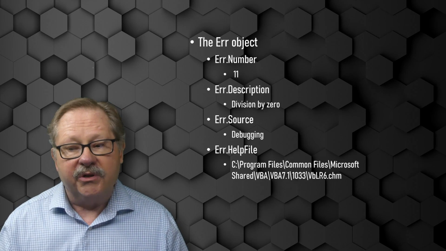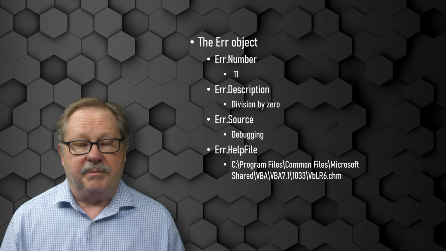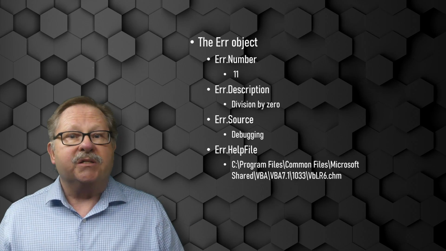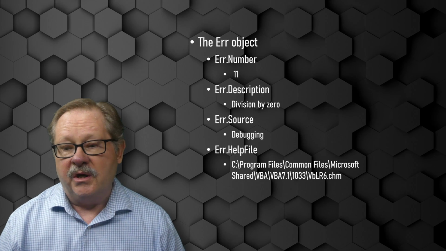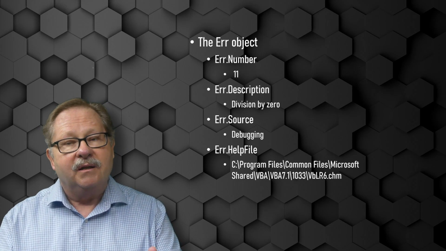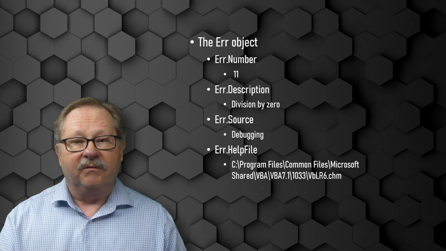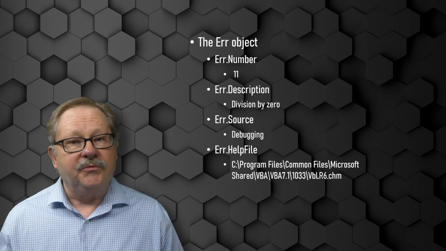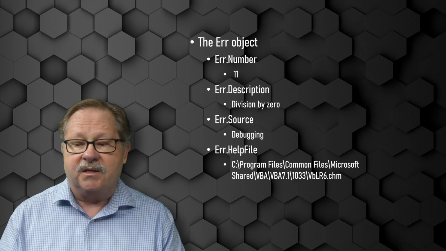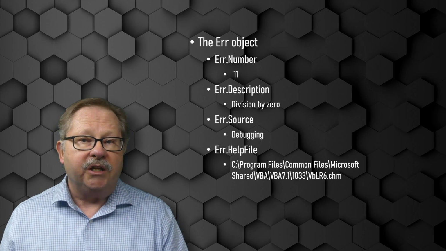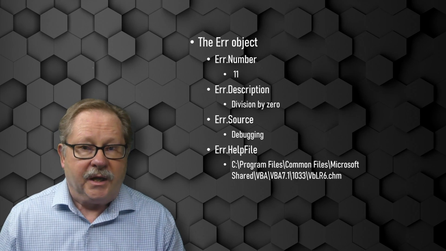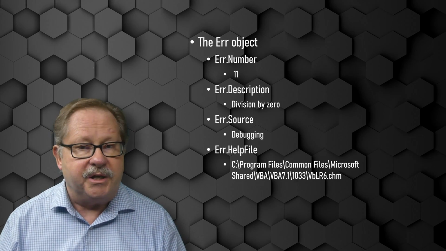So the error number is 11 and the description is division by 0. Those are the two most used messages that we can give to the user. The source, called debugging, is the project that we have in the VBA code. The help file actually is on most users' desktops. It has all the documentation for each of the error numbers, so we could actually send them to the help file to give more information as well.